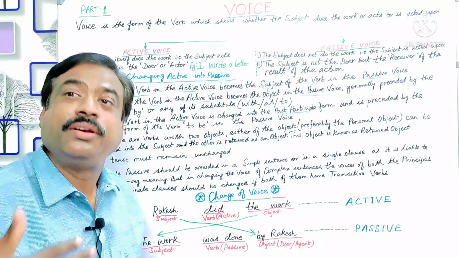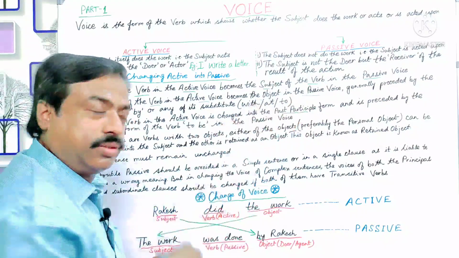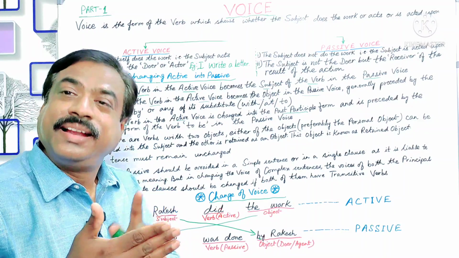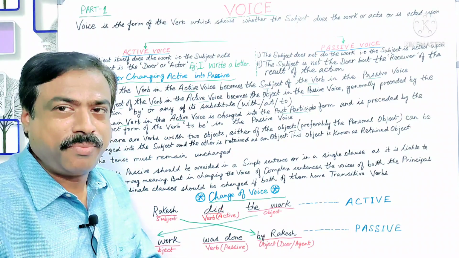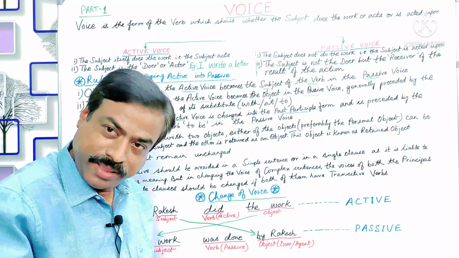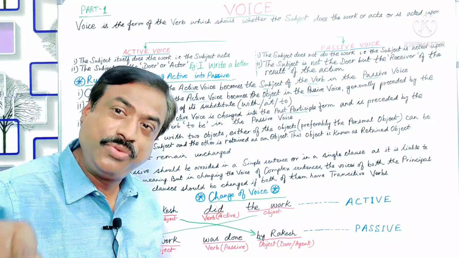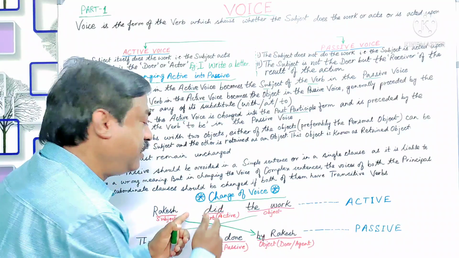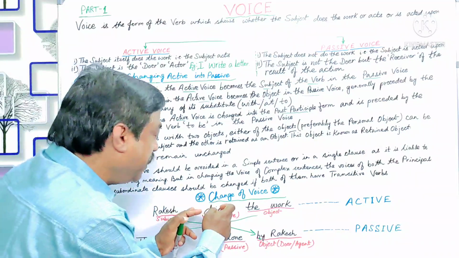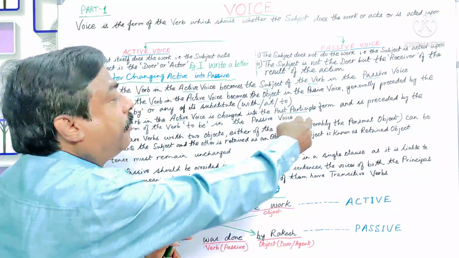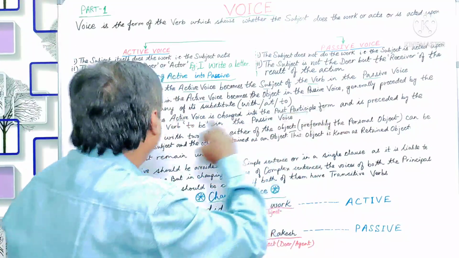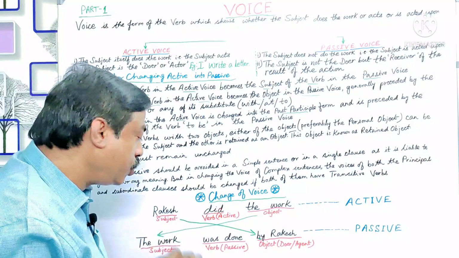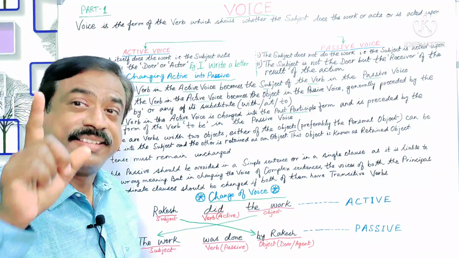Here what I have told you, that is does. So what is the necessary change? Do is the main verb, did is the past form, and done is the past participle form. So you have to use done. But if the verb is does, the correct form of the be verb should be is done.